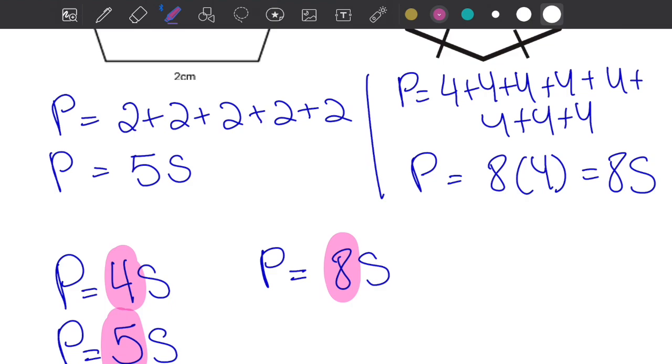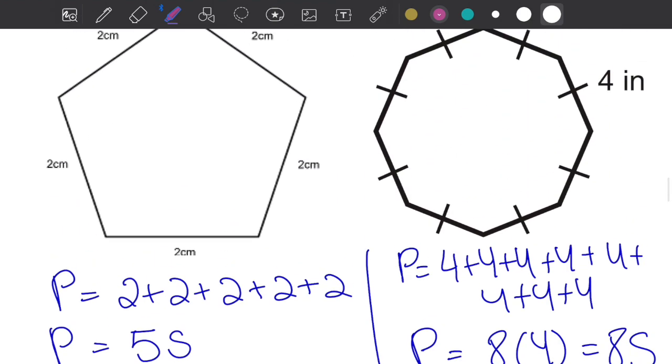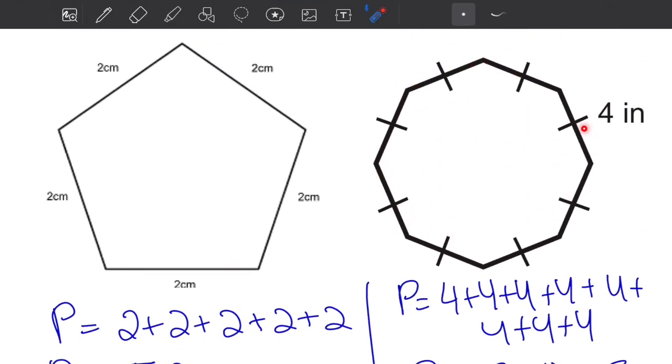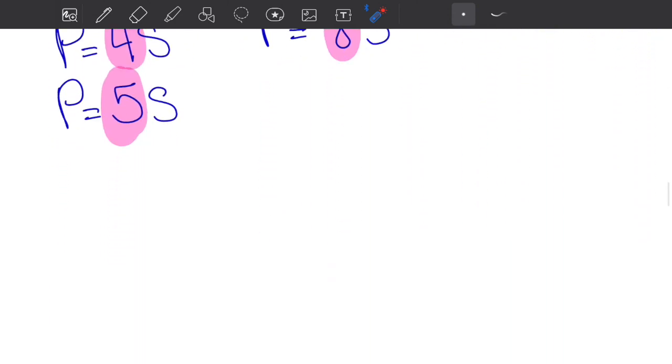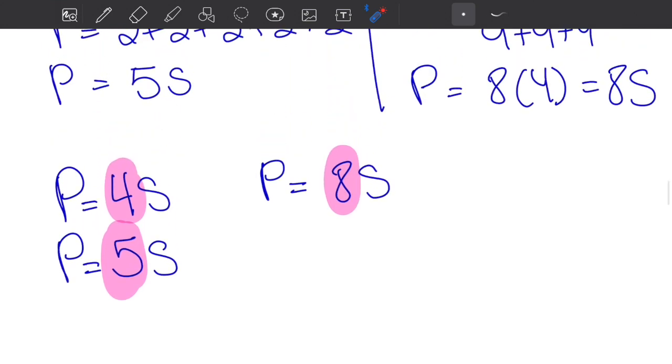And the same goes for working backwards. If we know the perimeter of the entire shape and we just want one side, we can take that perimeter and divide it by 8, or here we take that perimeter and divide it by 5 because we have 5 sides. Okay, so that's it for the lesson on perimeter of a square and perimeter of polygons using formulas.